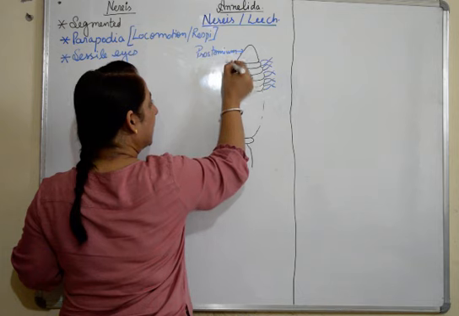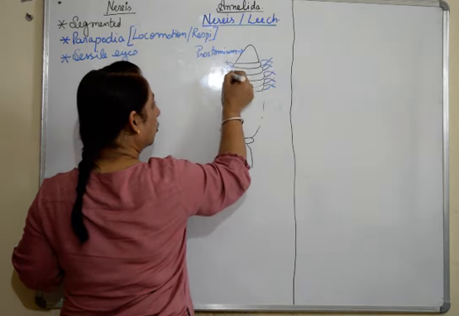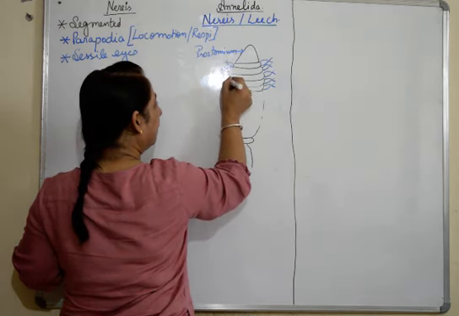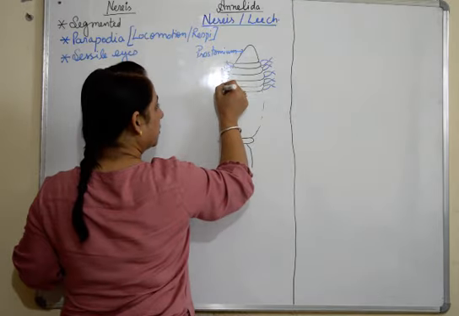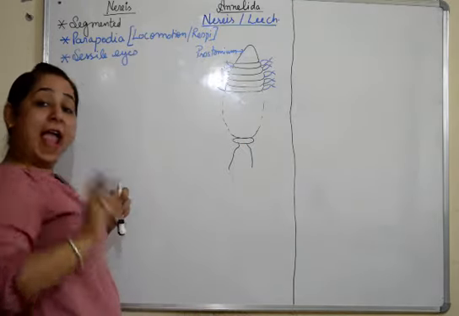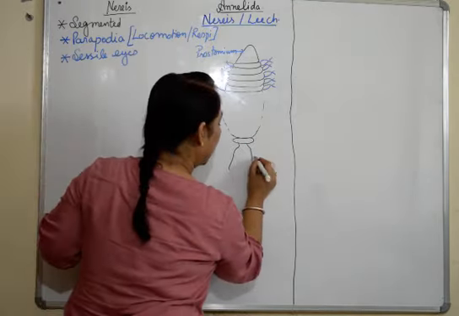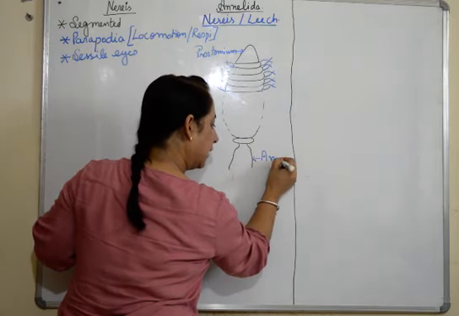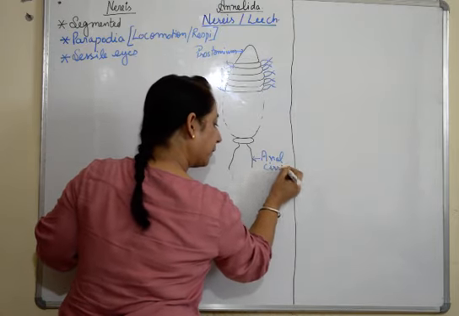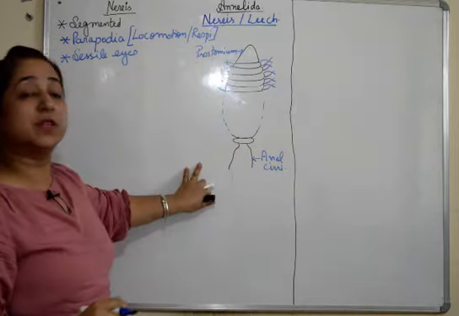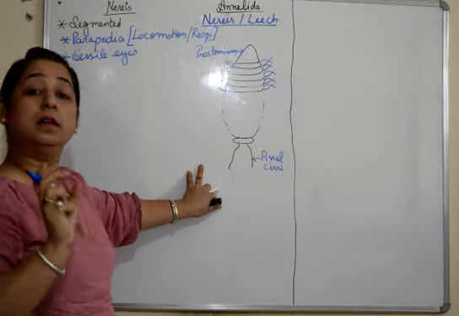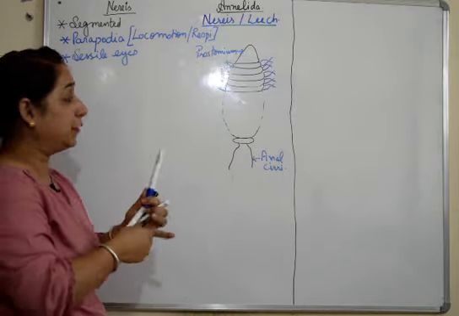They are in pairs, present on both the sides, help in locomotion and respiration in case of Nereis. And the last segment has these structures known as anal cirri. Fine. So these are the structures which are visible in the structure of a Nereis.